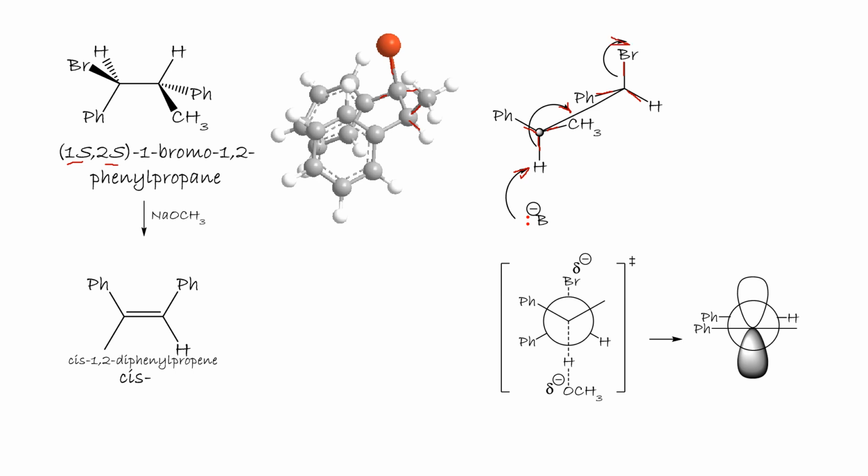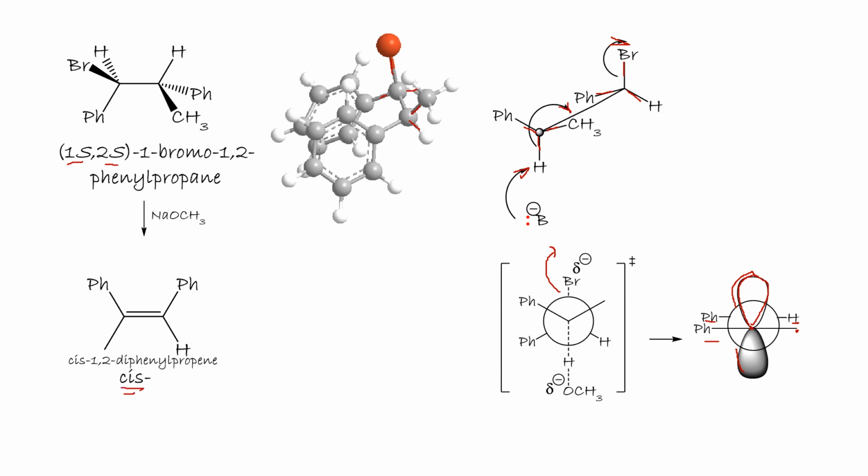This is the transition state. Methoxide approaching, bromine is leaving, and the formation of alkene. So we have here CH3, phenyl, hydrogen, and the p orbital of the pi bond in front, and there is another one in the back, forming a double bond.